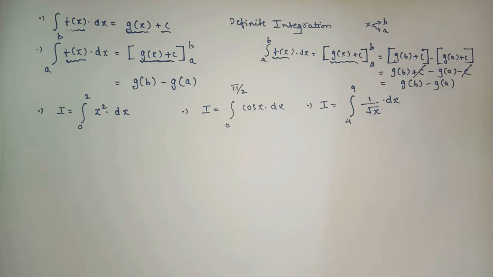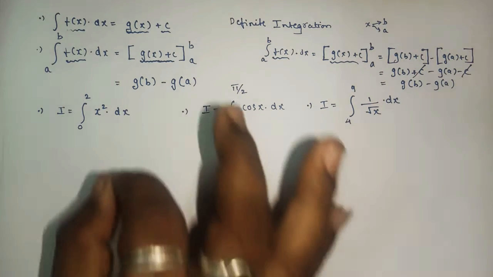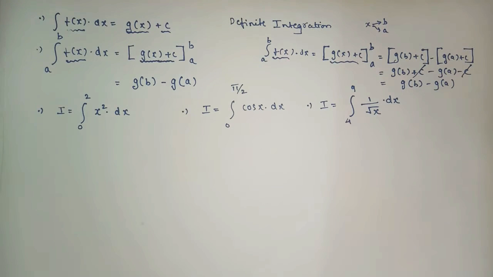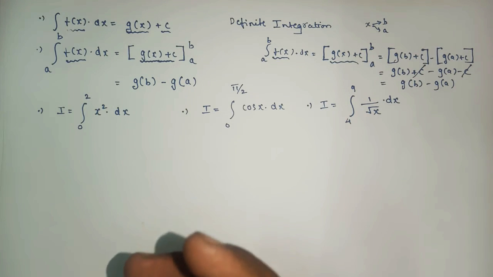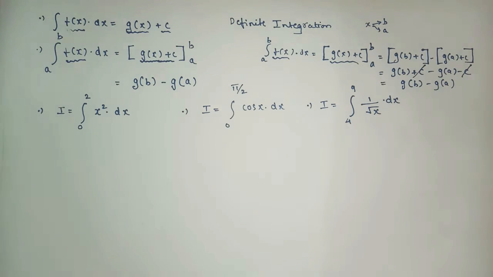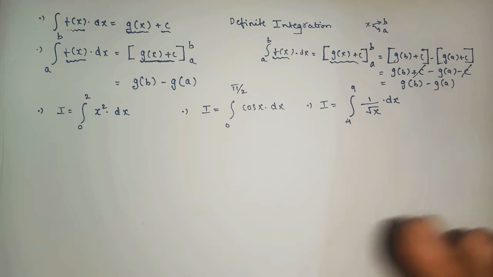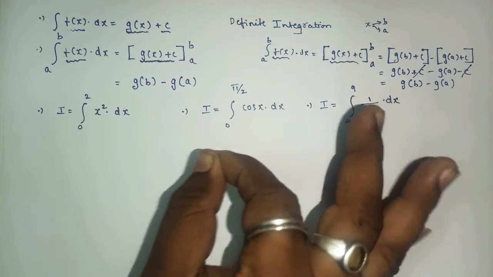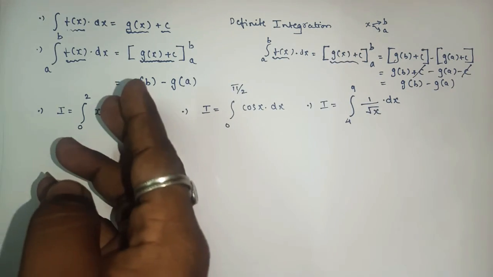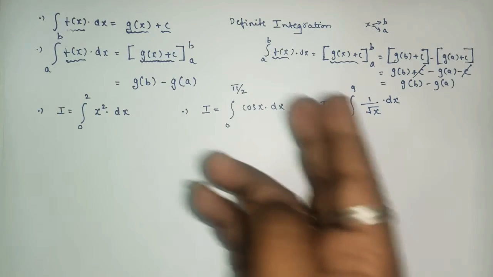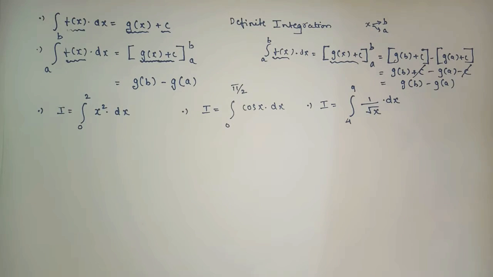You just have to guess which exercise or type the question is from, and which property or formula we have to apply. The rest is just replacing the value of the upper limit and then the lower limit, and you will get the answer.